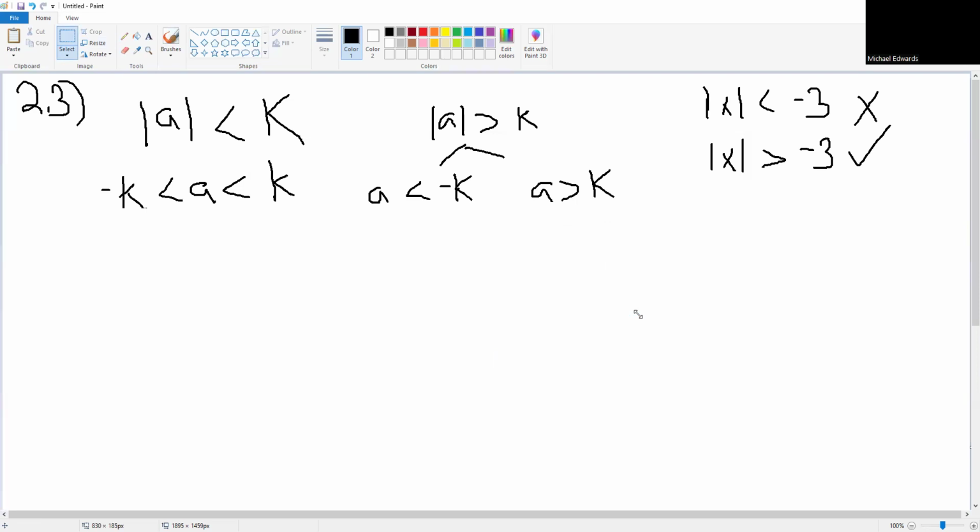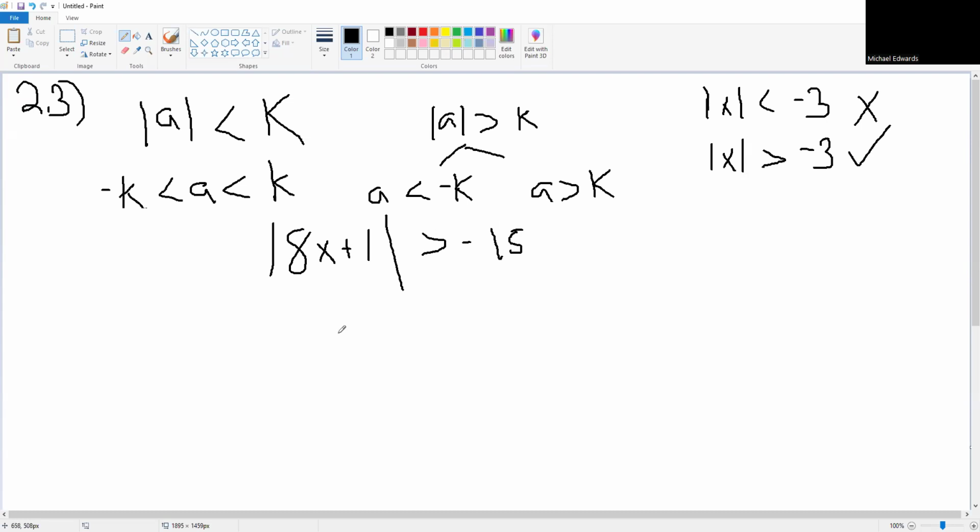All right, this is an absolute value of 8x plus 1 greater than -15. Now, if we look at our little handy-dandy chart here, if it's greater than with a negative number, all real numbers will work.